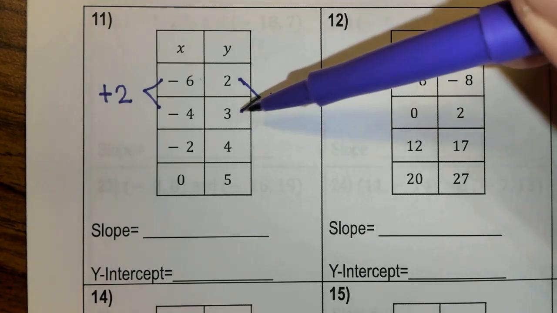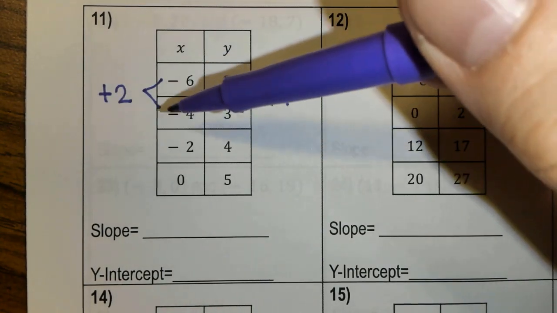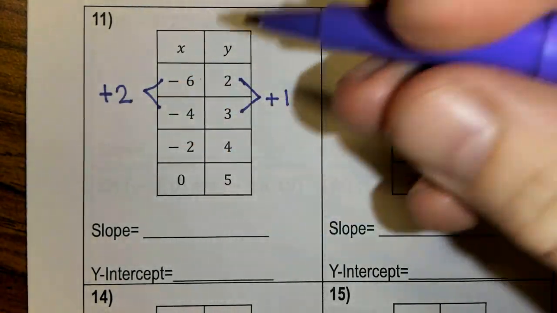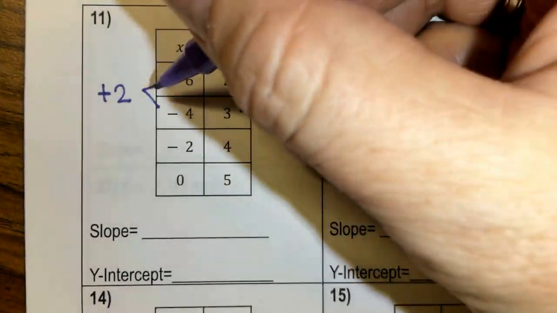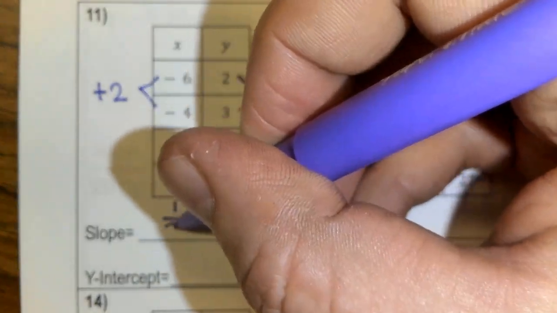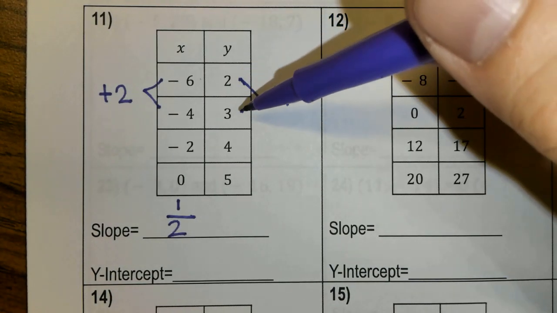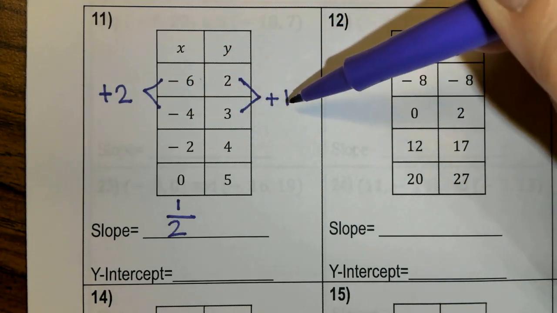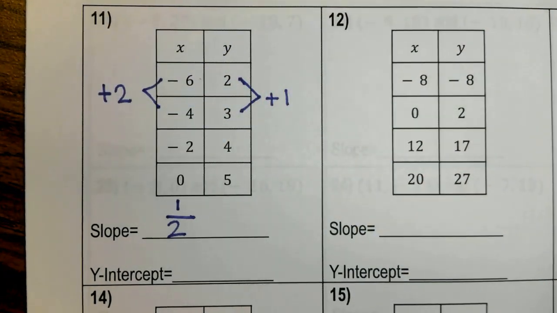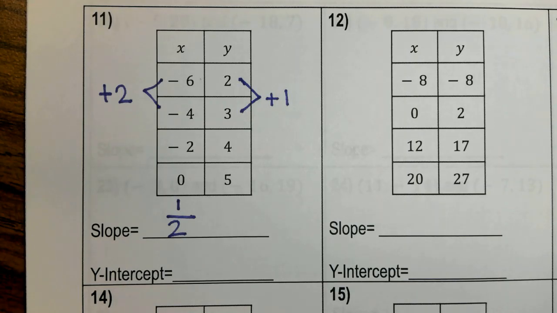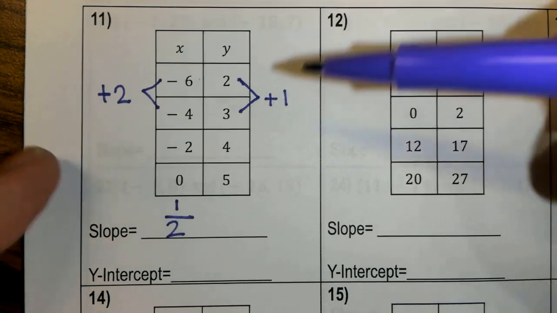So my change in y was plus 1, my change in x was plus 2, so my slope is simply 1 over 2. And that's it. So pretty much you're just finding the difference on each one and then writing the y over the x. Well, the change in y over the change in x. Same thing. Okay, now I got slope.